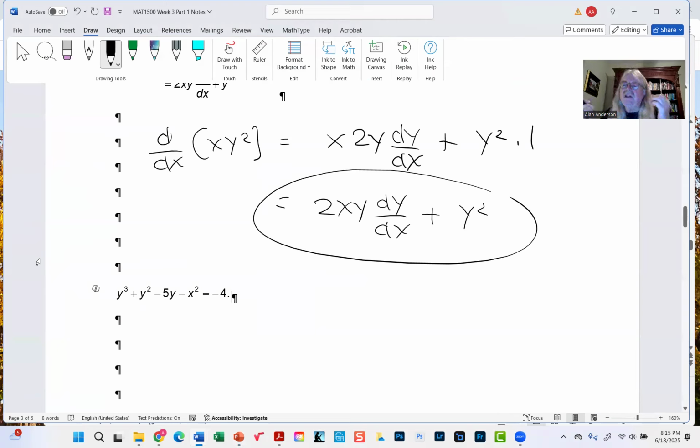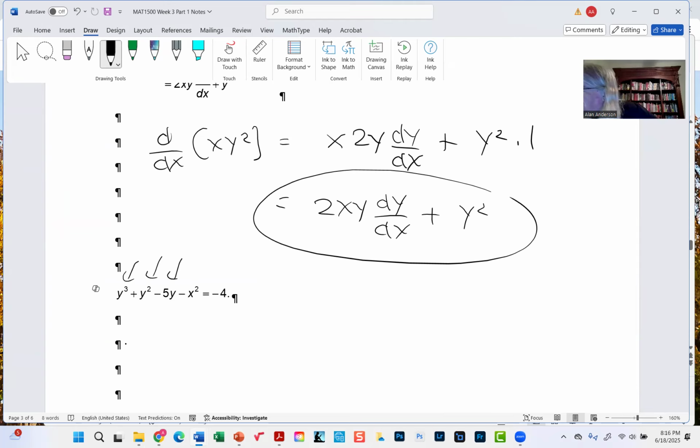Well, it's not going to work, because you ultimately would need y equals some function of x, and that's not what we have here. So we have to use the chain rule on these three terms. Not on the negative x squared, there we'll just use our normal procedures, and the same thing with the -4.